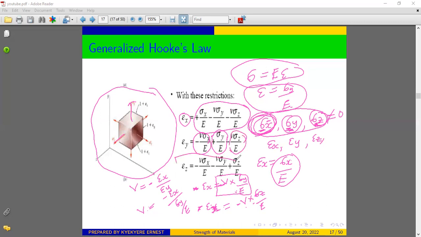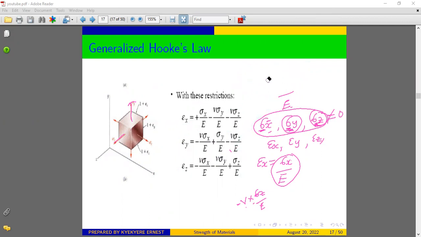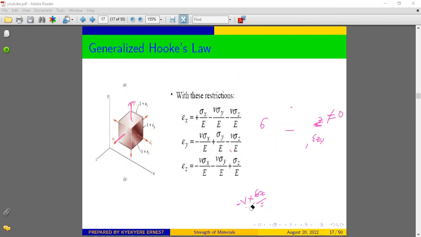And that will be similar for the strain in the z-axis. Good. So this is what we refer to as the generalized Hooke's law with respect to the deformations as a result of the various stresses in the x, y, and z axes.